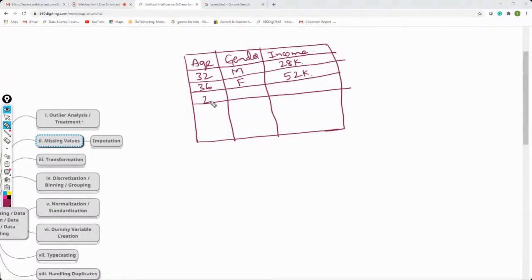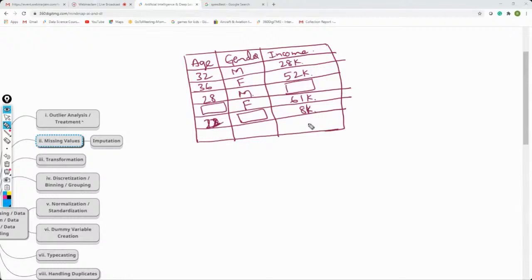Then another person, 28, male, and the income value is missing. Then another person, age is missing, gender is female, and income is 61,000. And for another, age 18, gender is not known, salary is 8,000. 18, child labor? No. Okay, let me make it 22. That would be better. All right. So here this value is missing and this value is also missing.